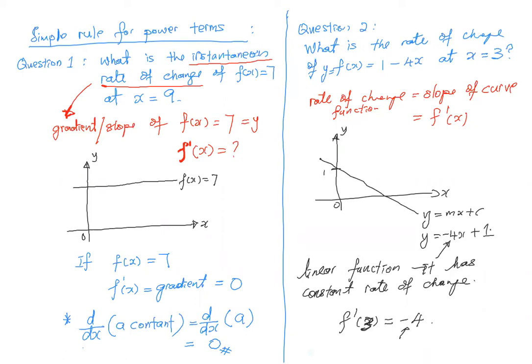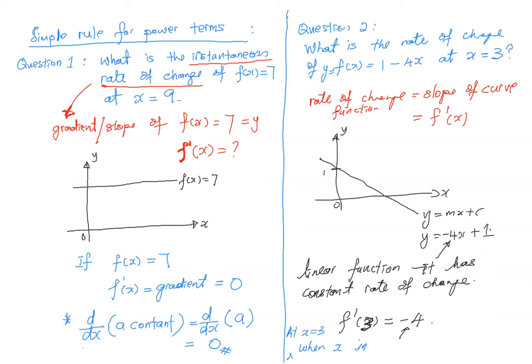Okay, how do you try? When x approaches 3. No, you don't use when x approaches 3. When x is 3, when x increases, you will put at x equal to 3.